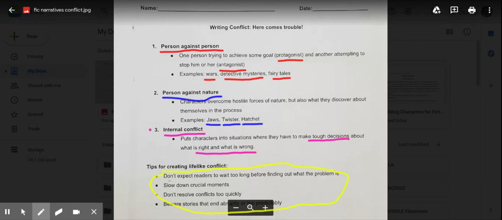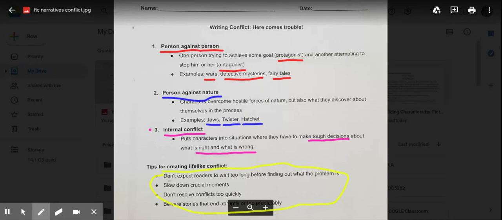For today, for writing time, you'll open the fictional narrative Dropbox, and in your doc, you will add a little bit about the conflict or problem that you are going to have your main character experiencing. It can be worked into your narrative if you've already developed one.